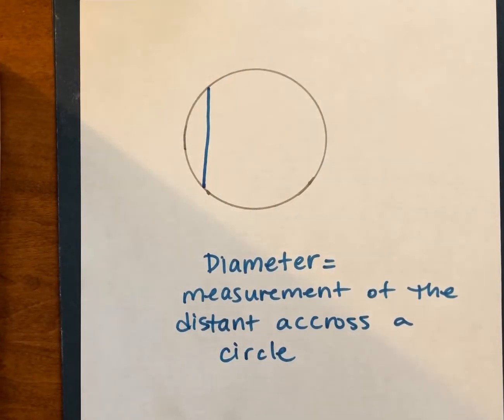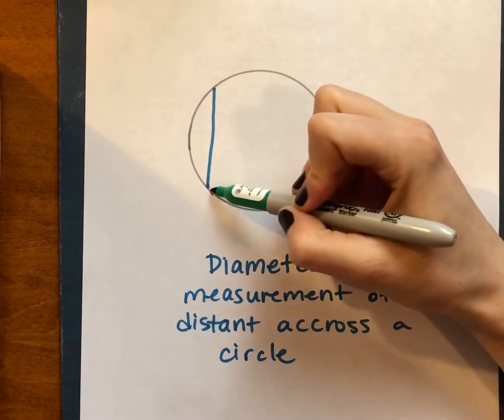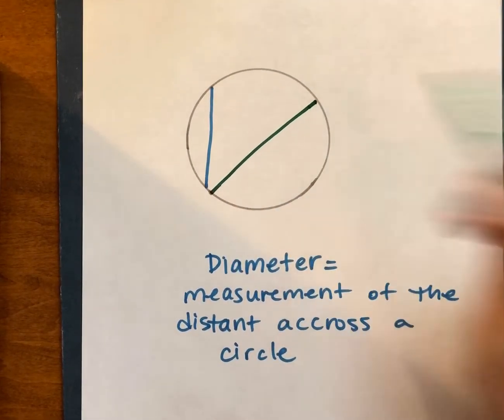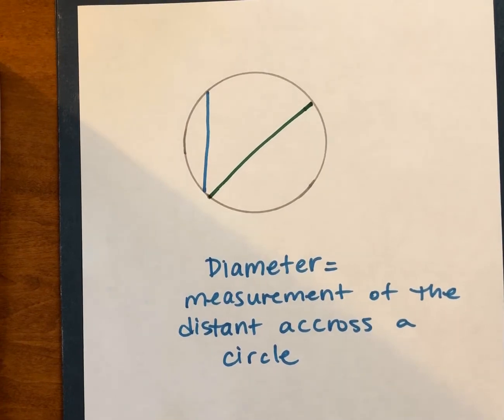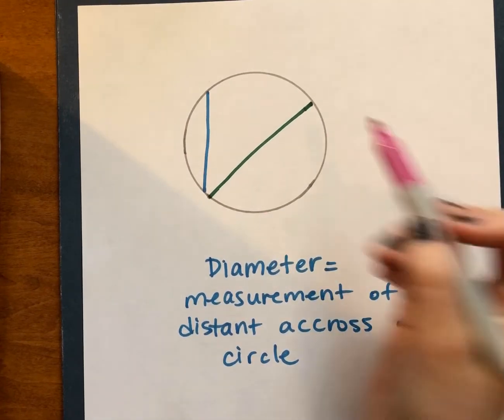It went from one side to another. Well, circles don't really have sides, so it's kind of hard to draw from one side to another, but that blue one I think counts. But maybe you don't agree and you're like, no, that's way too short. You need to go across. Okay, I need to go across the circle. Or maybe I'm supposed to go left to right across the circle.